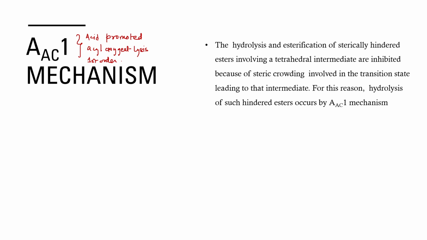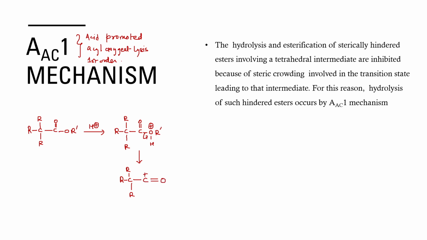AAC1 will go like this. R3C, let's say मैंने ये ले लिया R3C COOR', and this reacts with H plus. यहां पे आपने एक पॉजिटिव चार्ज लगाया and this breaks to form an acylium ion. ये टूट जाता है यहां से और इससे आपके पास एक एसाइलियम आयन जनरेट हो जाता है. ओके, आपने यहाँ पे R'OH निकाल दिया, R'-OH.